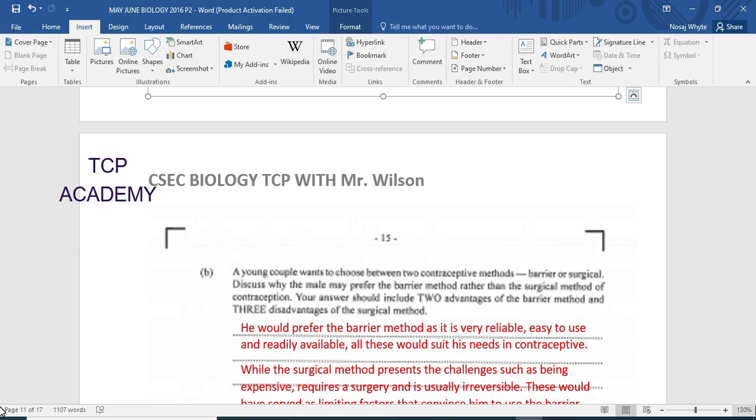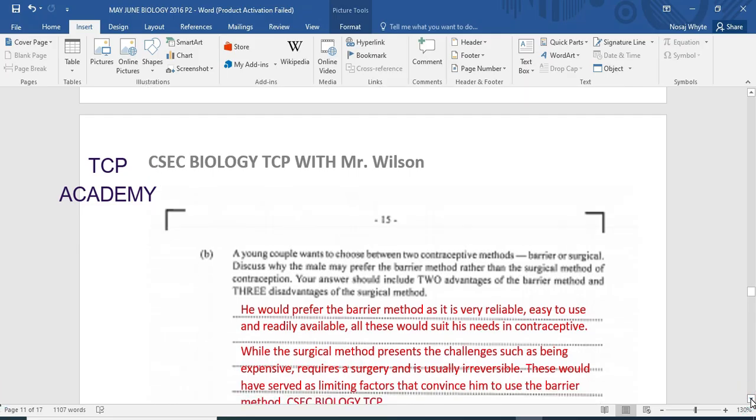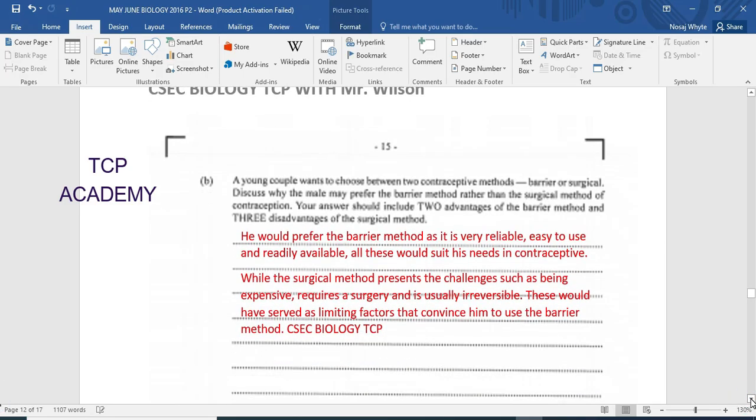It is easy to use and of course readily available. All these would suit his need in a contraceptive. While the surgical method presents the challenges such as being expensive, requires surgery, and is usually irreversible, these would have served as limiting factors that convince him to use the barrier method.